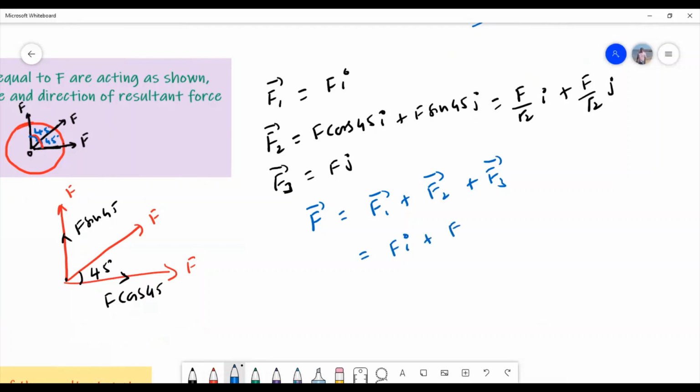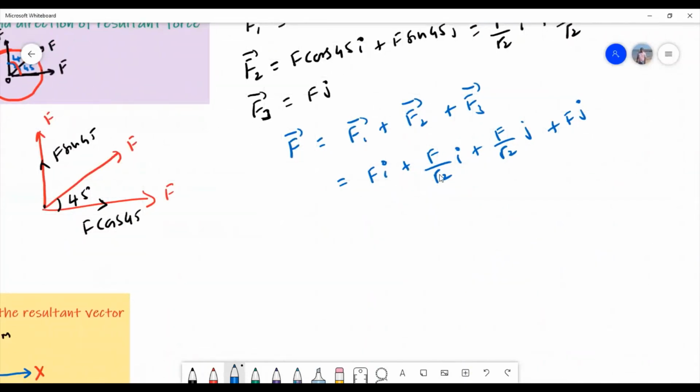F2 bar is F by root 2 i cap plus F by root 2 j cap, again F j cap. So clearly I can take i common. If I take i bar common, this becomes F plus F by root 2, plus, again if I take j common, F plus F by root 2.